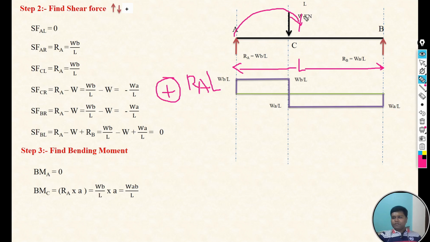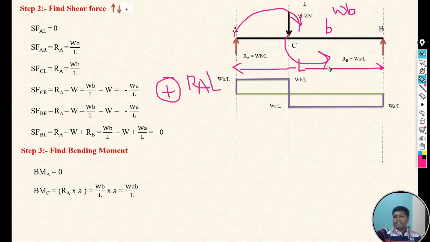Then the moment of this W. Again force into perpendicular distance, and the perpendicular distance of that W from the B support or the B point is small b. So moment of W at B point is W into b, and that moment is anti-clockwise, because the direction of that force is downward.